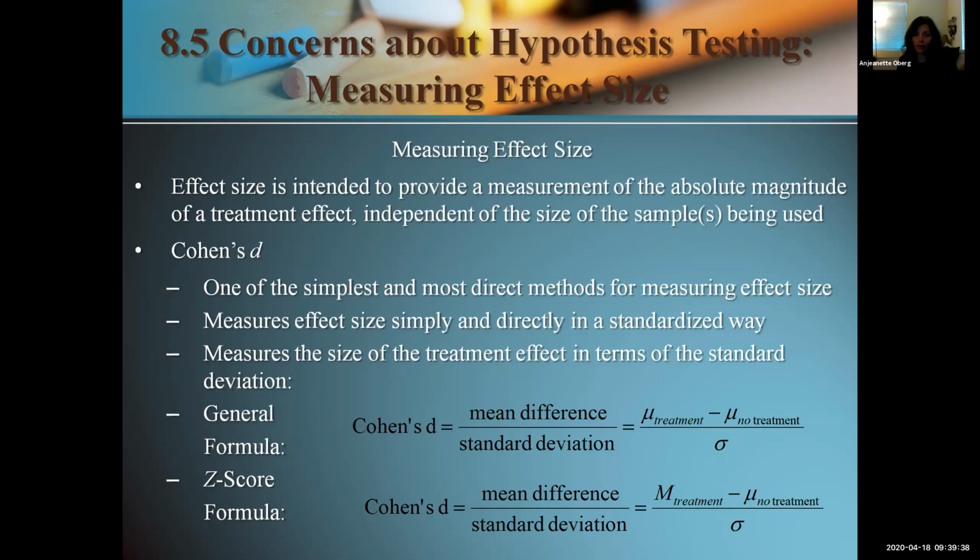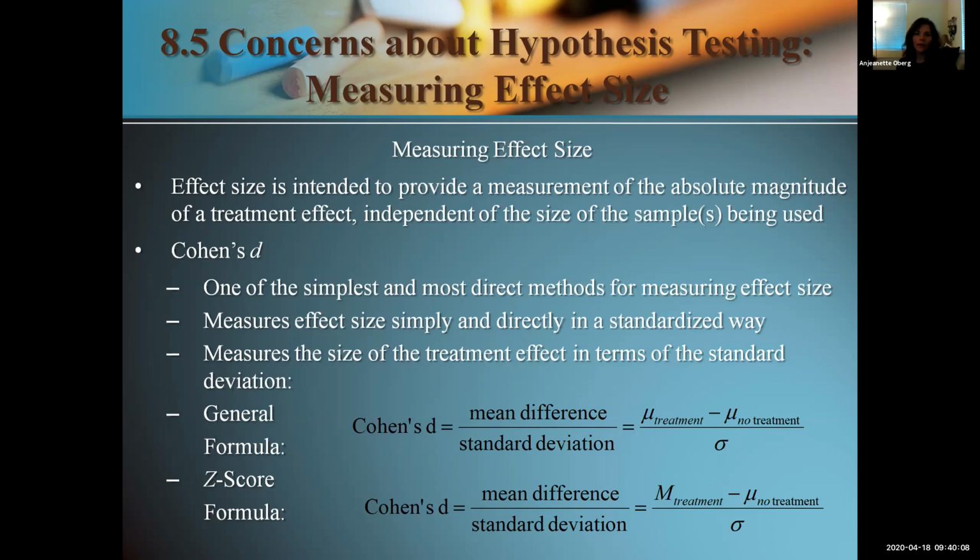And the first effect size that we're going to study is Cohen's d. Cohen's d is really simple and direct, and it essentially tells us how many standard deviations our effect was, or how many standard deviations the treatment changed the outcome, okay?